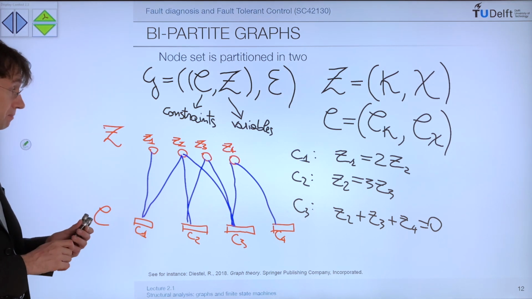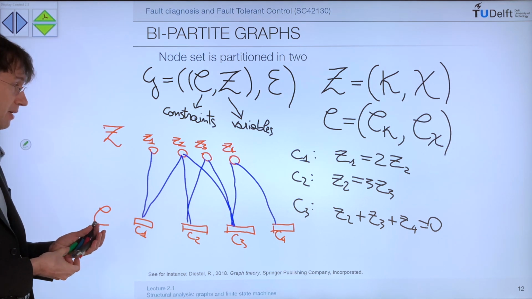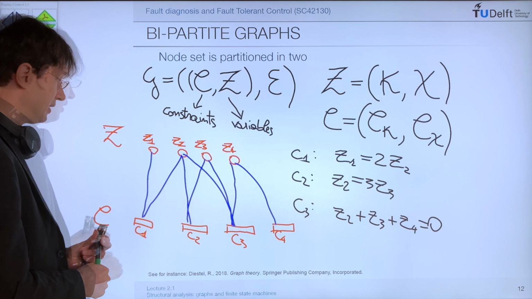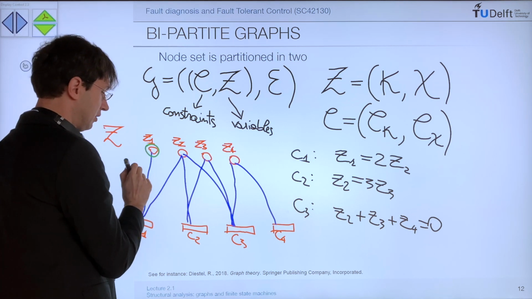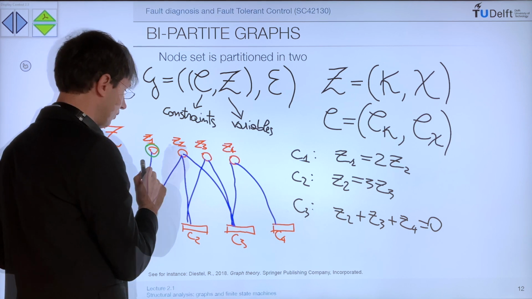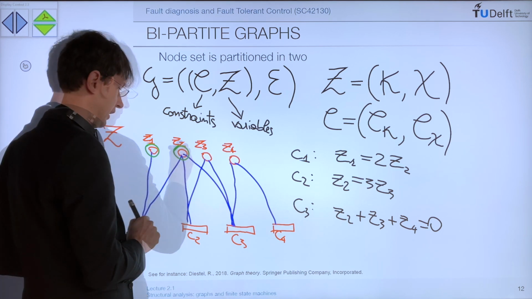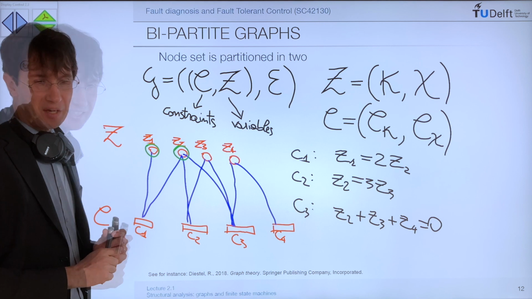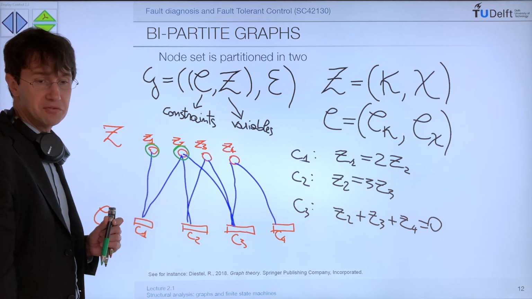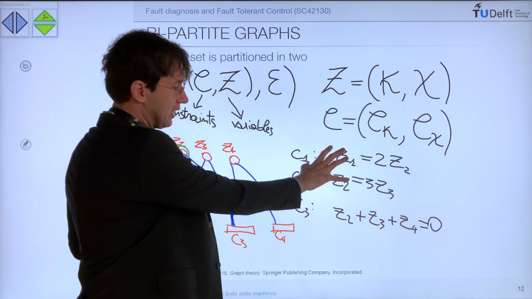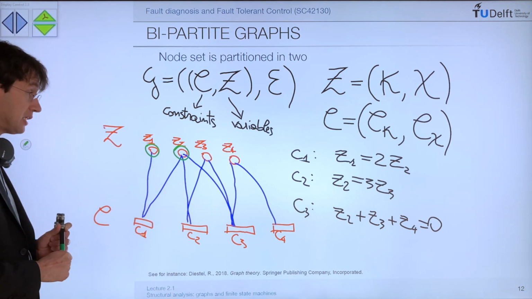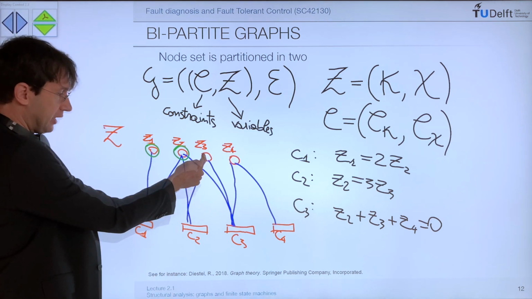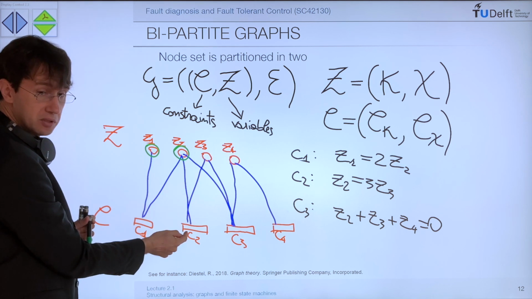For instance, in this example, let us assume that we know variable z1 and we know variable z2. Then the question is, can we solve for z3 and z4? And without even looking at the equations, we just look at the structure, and we see that the variable z3 is occurring in this equation, C2.